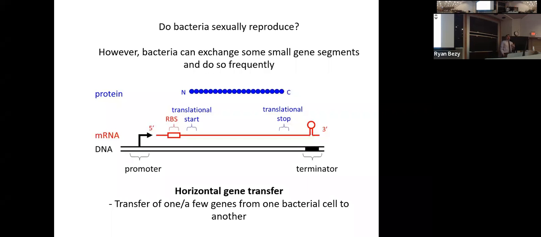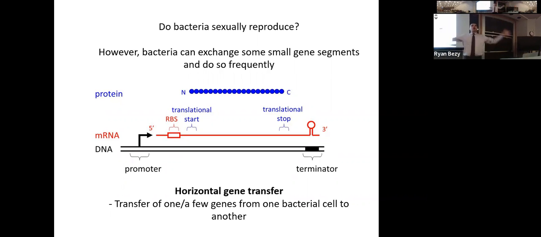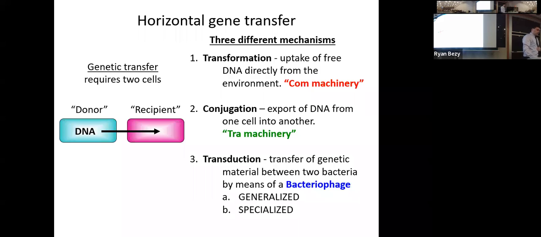But this is transfer of one or a few genes from one existing bacterial cell to another existing bacterial cell. No reproduction involved. You already have two cells. They're already there. And you get some genes moving from one, the donor cell, into another, the recipient cell. It's called horizontal gene transfer because there's no reproduction involved, and it's horizontally transferring from one existing cell into another.